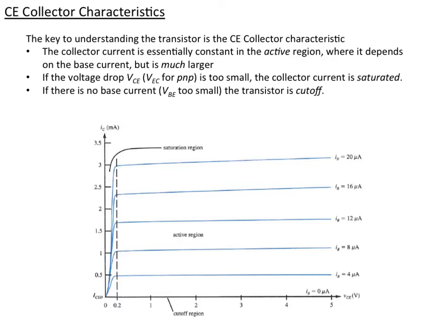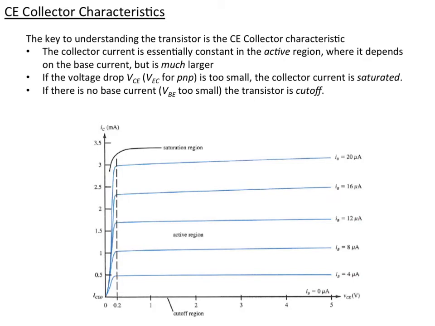So when we're not diode connected, the key to understanding the transistor is to look at the collector-emitter IV characteristic, which I've copied out of the book here. And basically, when you have a large enough collector-emitter voltage above some very small voltage, you get a current source there. So no matter what the collector-emitter voltage difference is, you get a current that flows, but that current that flows is controlled by how much current is flowing on the base.